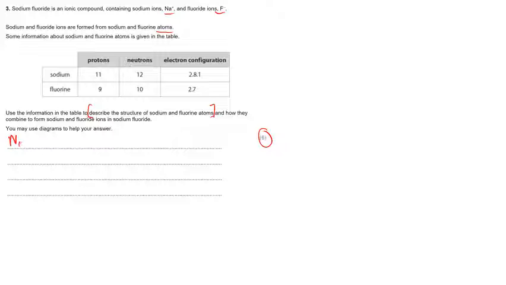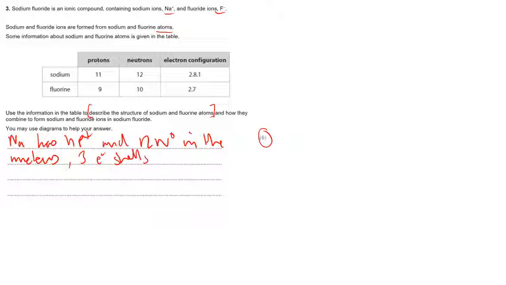So sodium has 11 protons and 12 neutrons in the nucleus. It has 3 electron shells and 1 valence electron, or 1 outer electron.